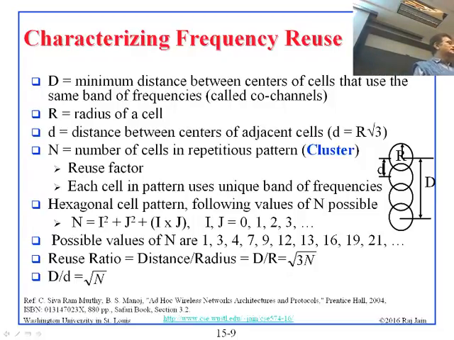N is the cluster size. So if you want a cluster size of 5, that is not possible. Only cluster sizes of 1, 3, 4, 7, and so on are possible. And so the cluster size is always i square plus j square plus ij for some value of i and j.